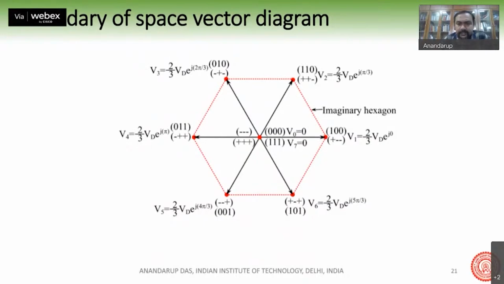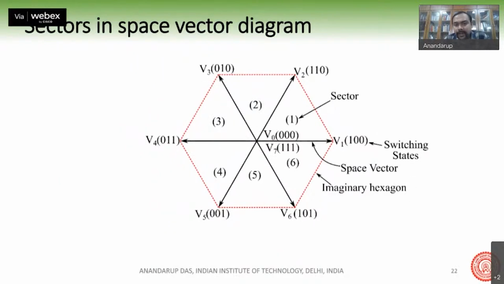It's an imaginary thing, but for our convenience, we put a boundary around it. And then with this boundary and with these space vectors on the 6 sides, we can draw the space vector diagram, and we divide the whole space vector diagram into several sectors, 6 sectors in fact.